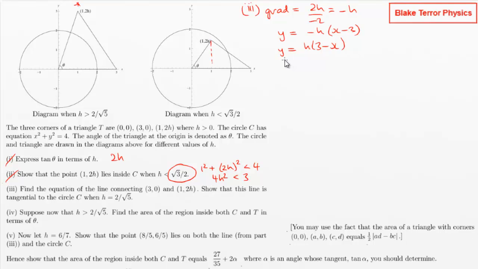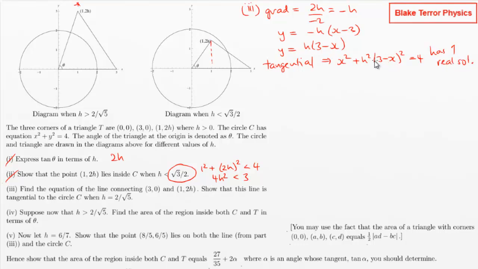This has to be tangent to the circle. So if we plug it into the equation of the circle, we're going to get one solution. Let's make a little note of that. Tangential implies that x squared plus h squared (3 minus x) squared equals 4 has one real solution.